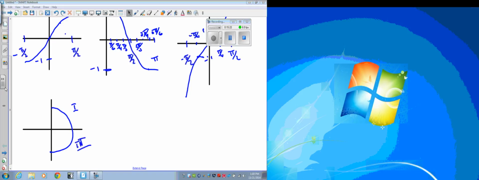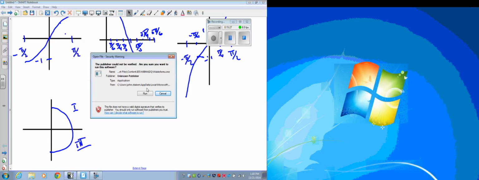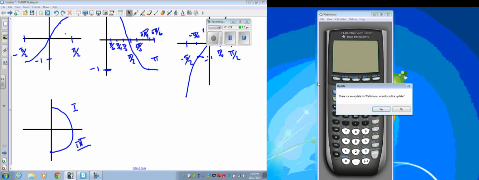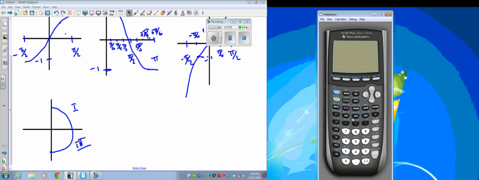If I do my calculator in degree mode, which is probably easier, if I go -1, right? If I do sine and I put this mode in degrees, turn it on. Now, and I do a -1.